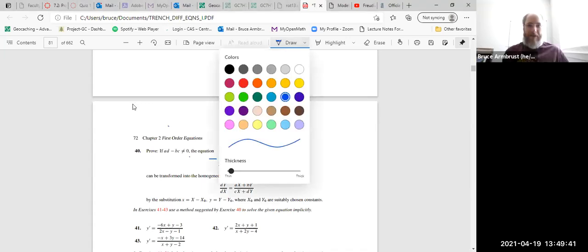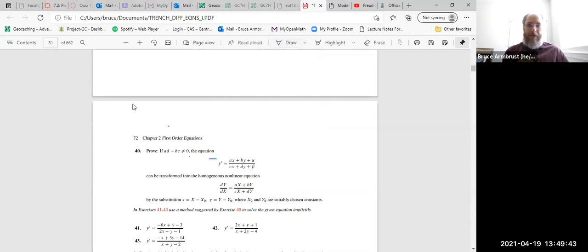Anyway, let's start to draw and everything. Okay, so we got y prime equals this. We can transform it into the homogeneous nonlinear equation, looking like that guy, with this substitution. Now, I didn't say you needed to prove it. We're going to just use this method to see if we can solve it.